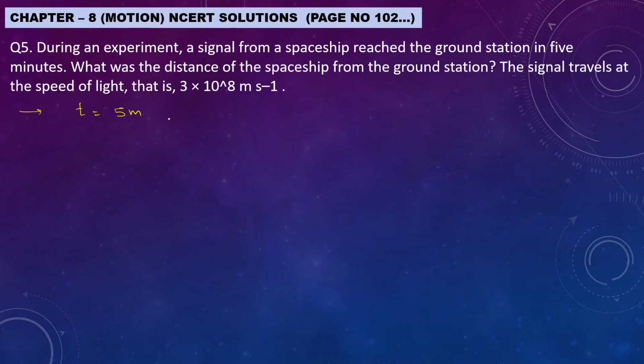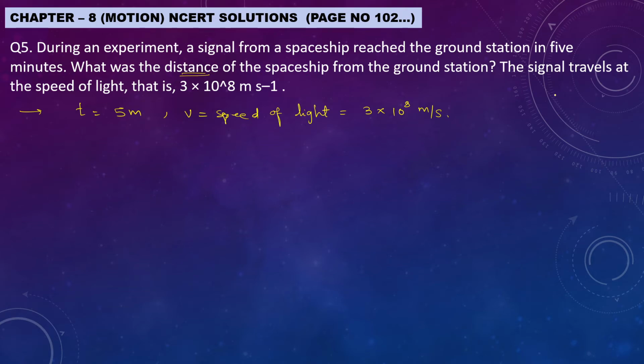Speed of light, we denote it by V, is 3 into 10 to the power 8 meter per second. We have to find out how much distance is traveled by the signal.